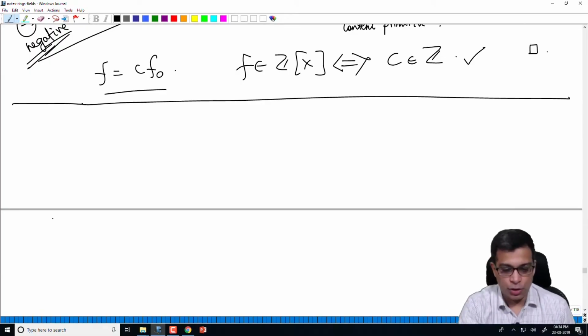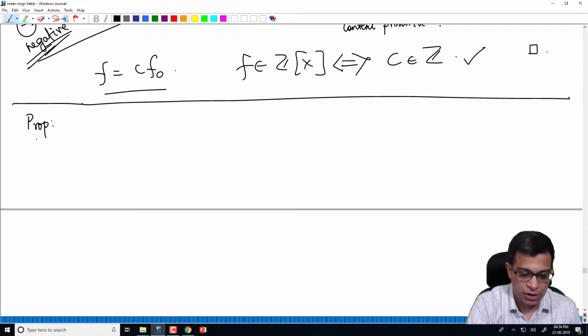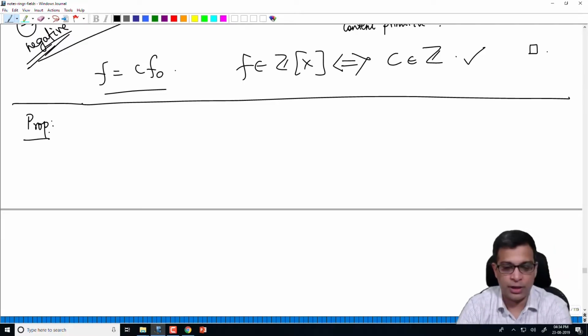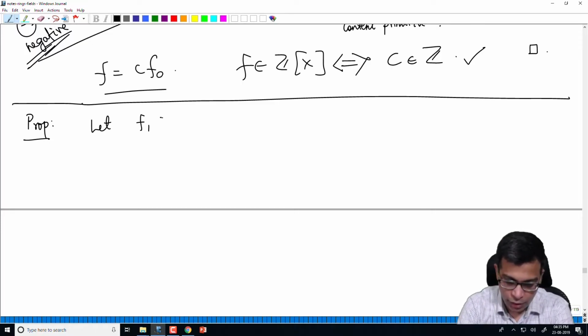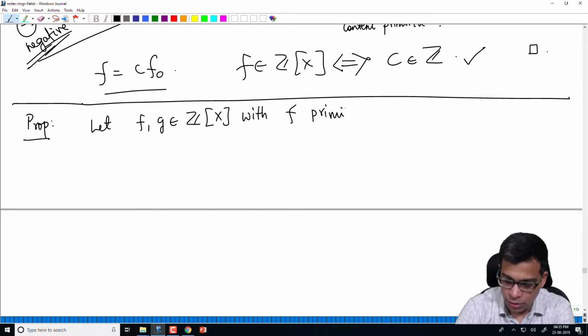Okay, so this is an important proposition for us. Today we are going to start with the following proposition, which is the key proposition that we are going to use to prove that the polynomial ring Z[x] is a UFD. So the proposition says the following. Let f and g be in Z[x] with f primitive.